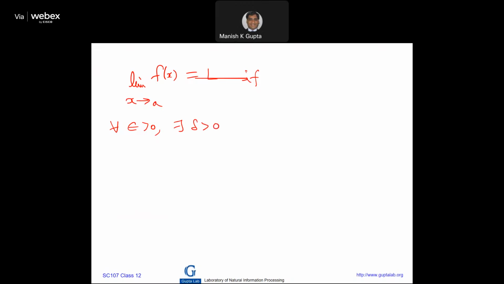For every epsilon positive, epsilon is the size of the neighborhood of capital L, remember? So if for every epsilon positive there exists delta positive such that mod of f of x minus L is less than epsilon, whenever 0 is less than mod of x minus a is less than delta.